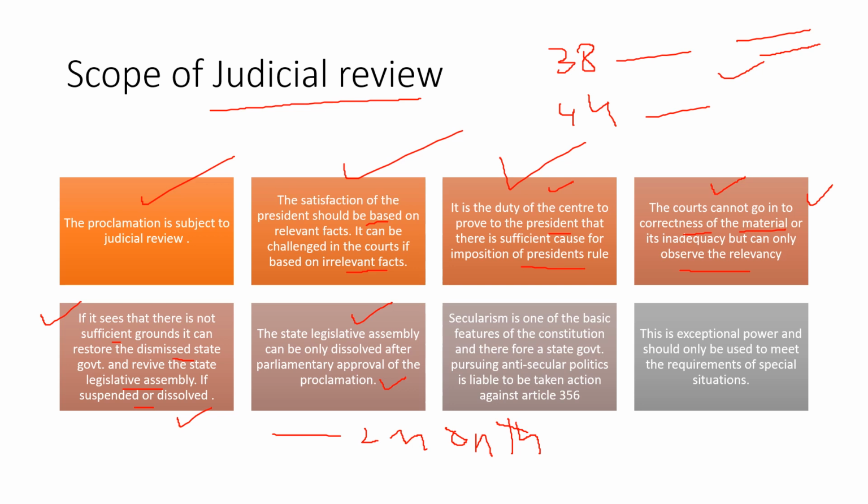Number 7 is that secularism is mentioned as one of the basic features of the constitution, and if the state government was acting in anti-secular politics, it was liable to be taken action against under Article 356, which means the president could impose president's rule in a particular state if the state government was pursuing anti-secular politics or was favoring one religious community.